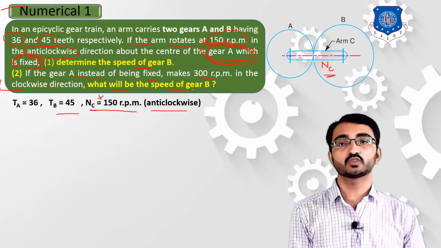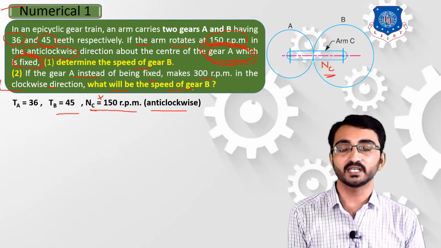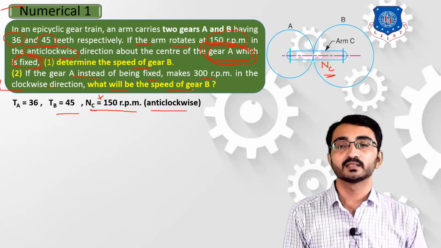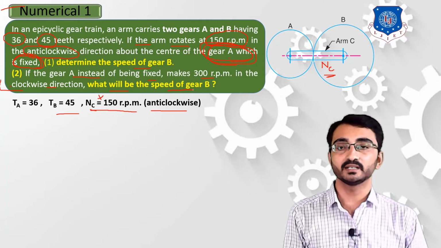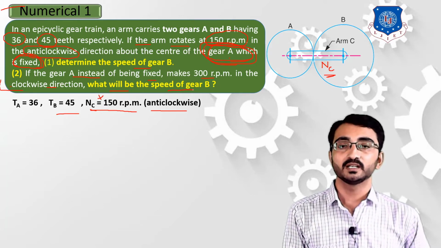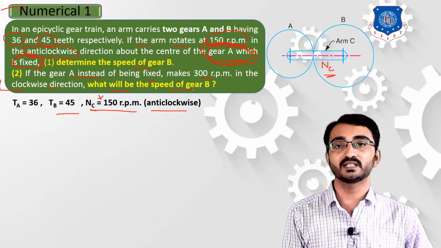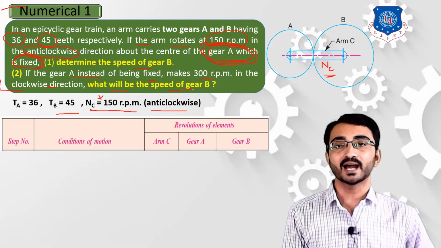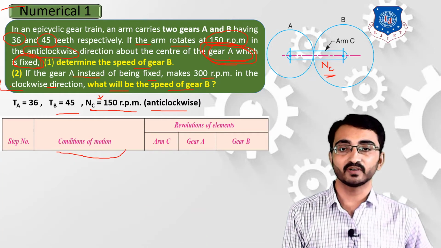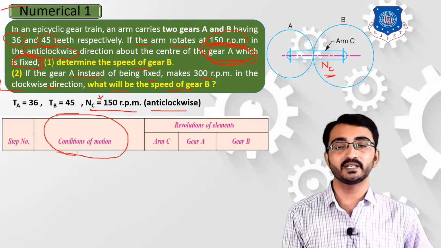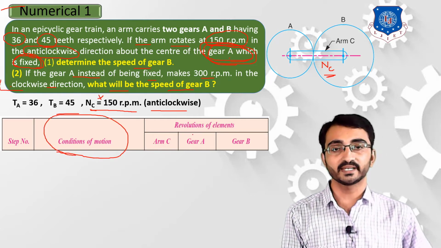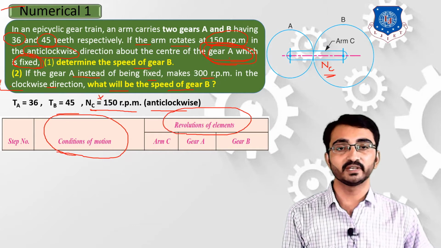Now to solve the numericals of epicyclic gear train, we always have to draw the table first, and we have learned how to draw the table. So let's start by drawing a table containing conditions and RPM of various elements. Let's consider that the first column indicates the condition of various motions and the second column the revolution of various elements.